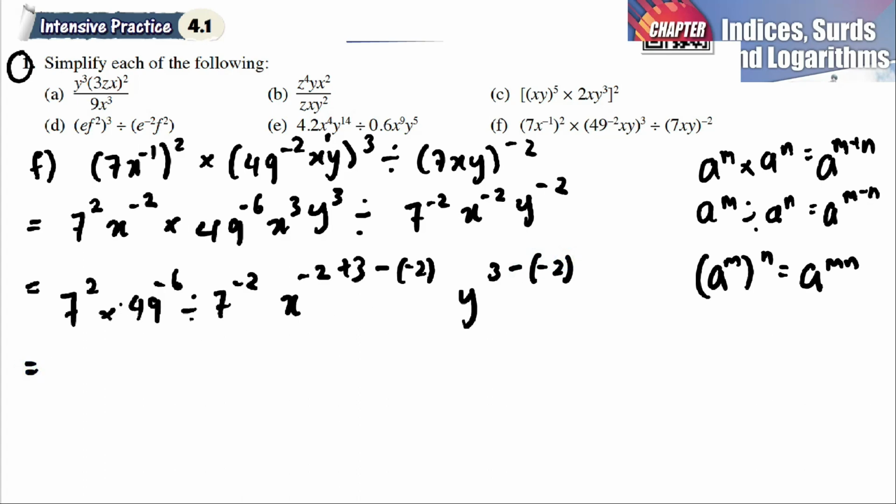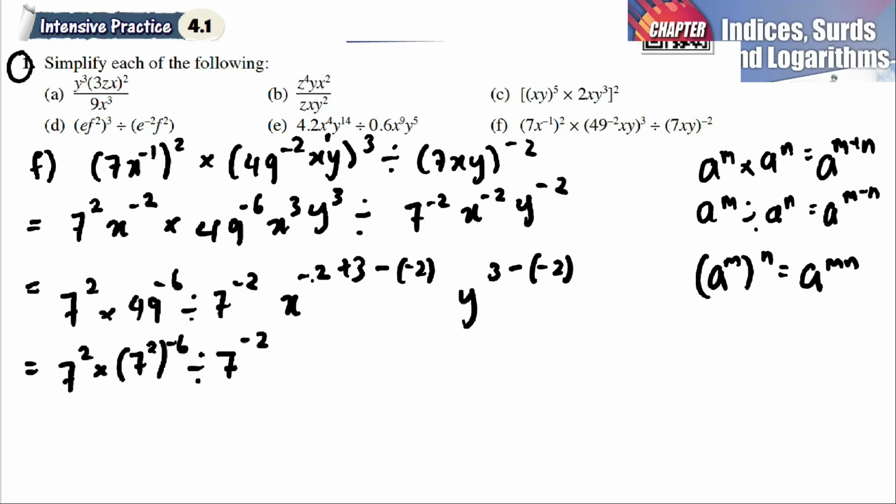In this case, you see here 49 is actually 7 to the power of 2. We can combine all this in one power because we can change it to the same base. So 7² times 49 is 7² times 7⁻¹², divided by 7⁻².